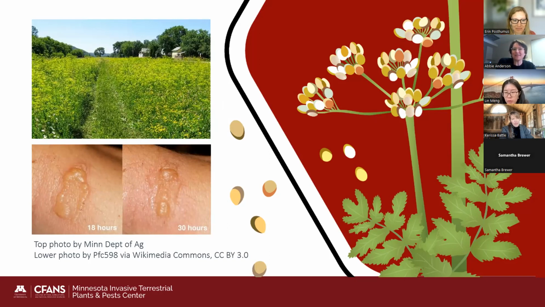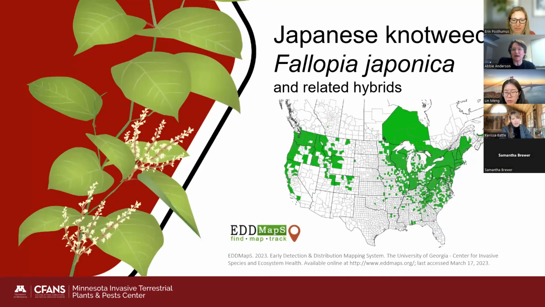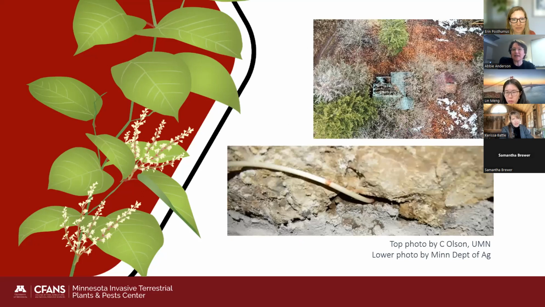The other plant we studied is Japanese knotweed, as well as some of the related hybrids. And this plant is reported both in the Northeast and in the Northwest, and within the state of Minnesota is moving from east to west. This is also a plant that causes harm in the environment. What you see in the top right is an aerial photo of a property where knotweed has invaded, and it's that orange color.